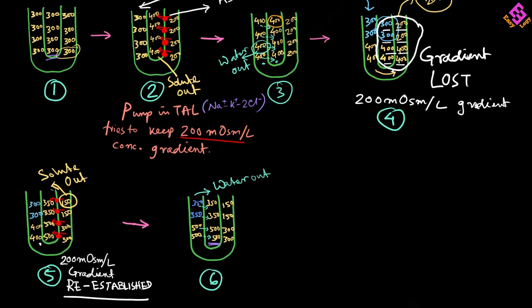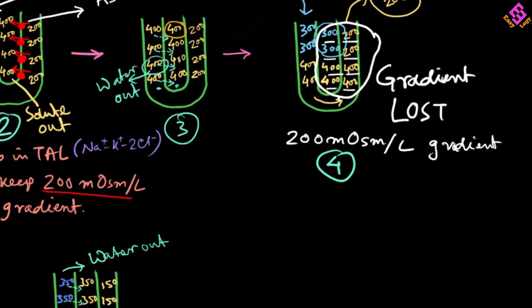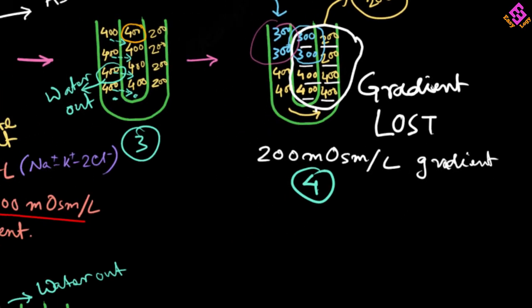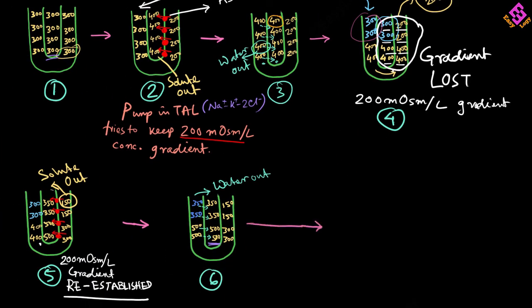These processes from step 4, 5, 6, these are actually repeated. Why? Because there is always adding of new fluid from the proximal tubule. So this step 4 to 6 is repeated.